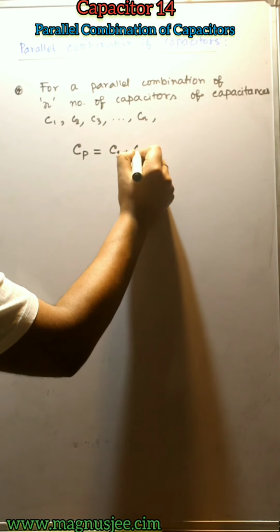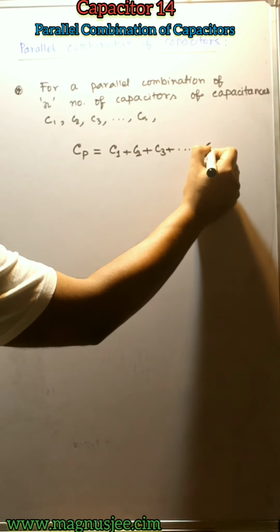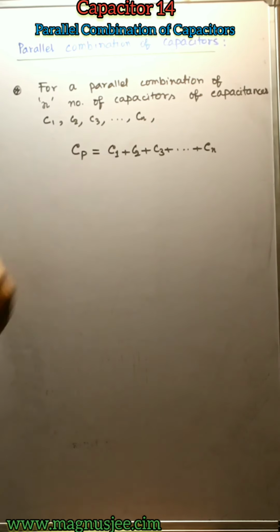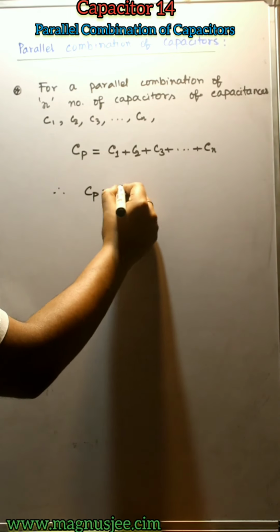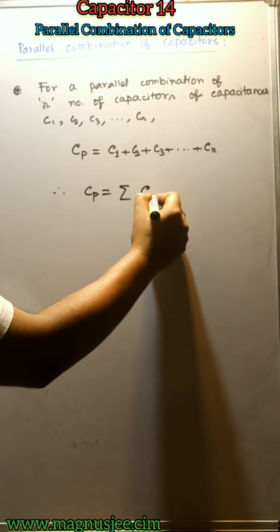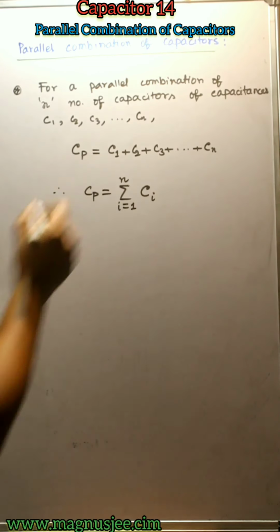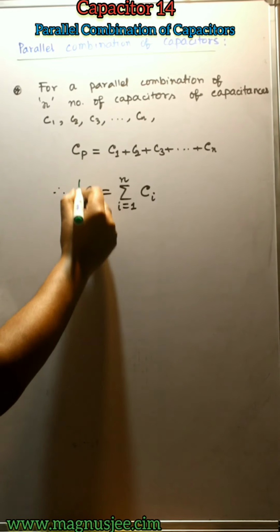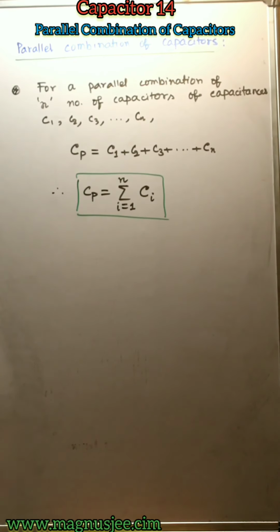Cp will be equal to C1 plus C2 plus C3 plus up to Cn. Therefore, Cp equals summation of Ci, i starts from 1 to n. This is the expression of equivalent capacitance of a parallel combination of n number of capacitors.